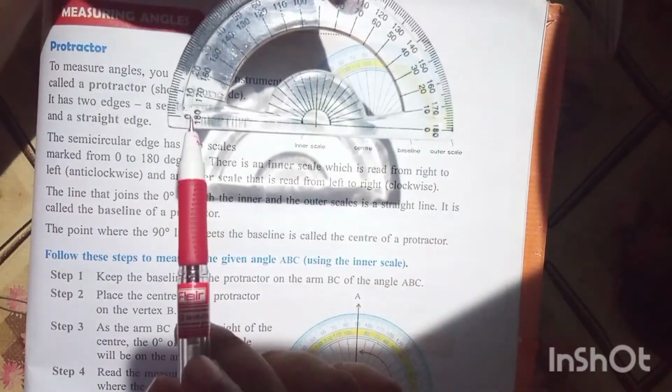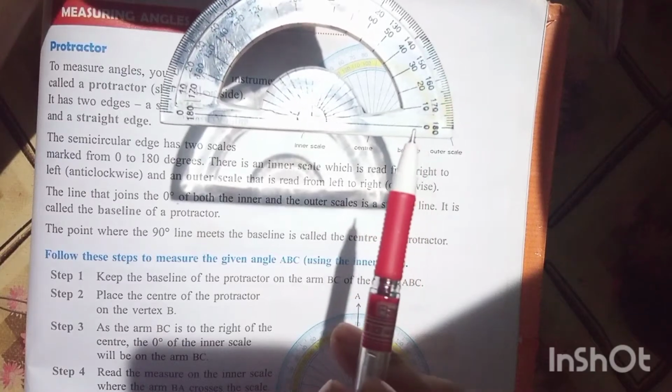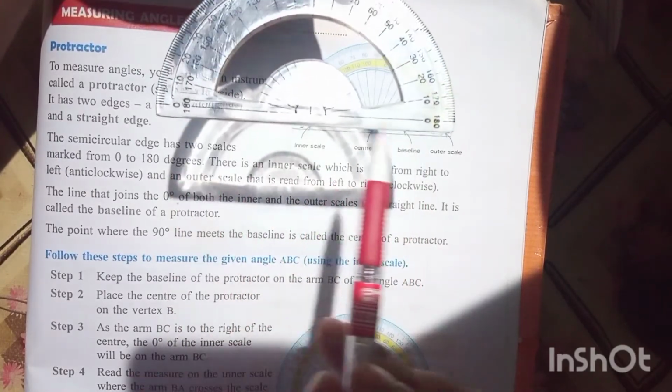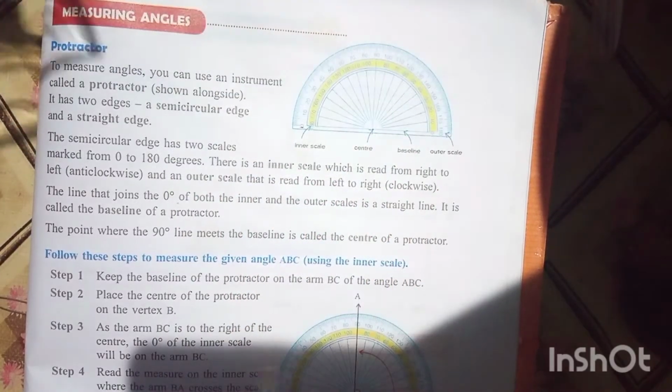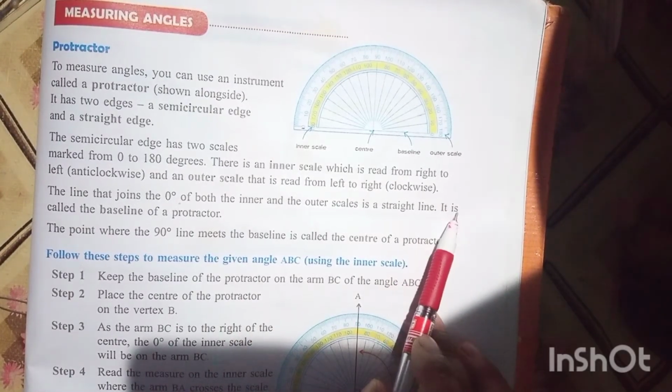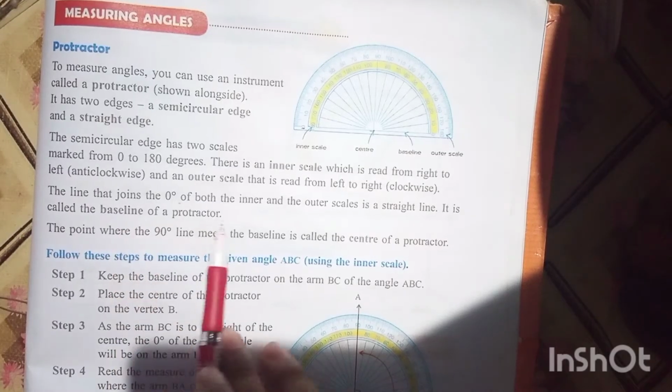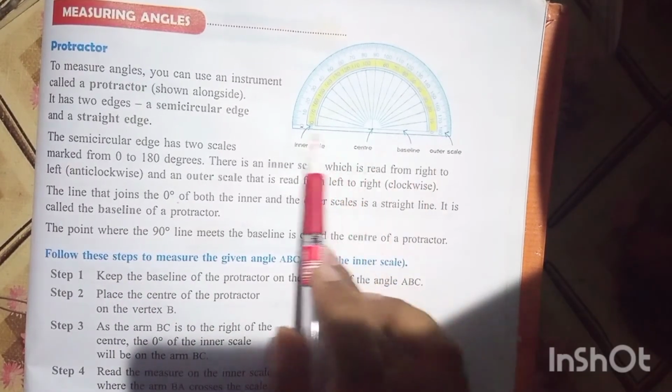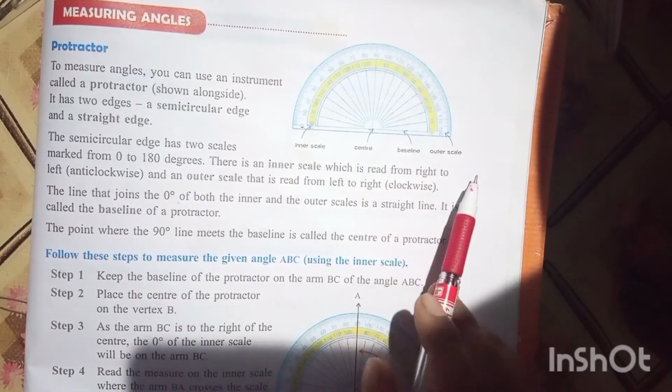When this 0 meets this 0, it becomes a straight line. It is called the baseline of a protractor.